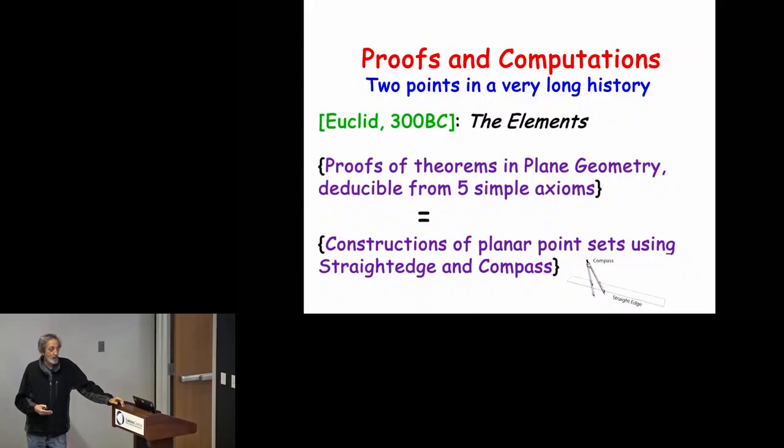They give you algorithms to construct the necessary points demonstrating the theorem using very simple operations, using a compass and a straight edge. So in plane geometry, computations and proofs have the same power. We'll talk about the meaning of that. Whatever you can prove, you can actually generate an algorithm for.